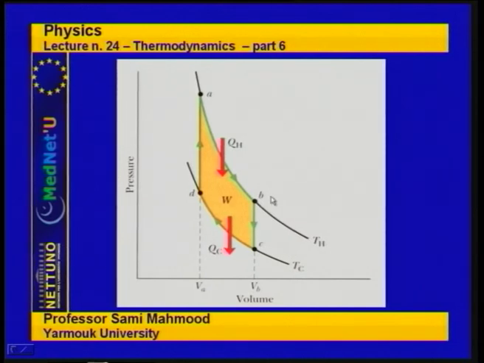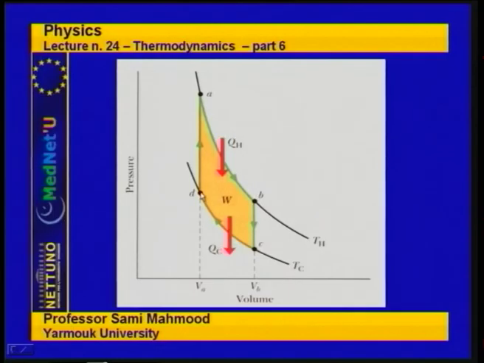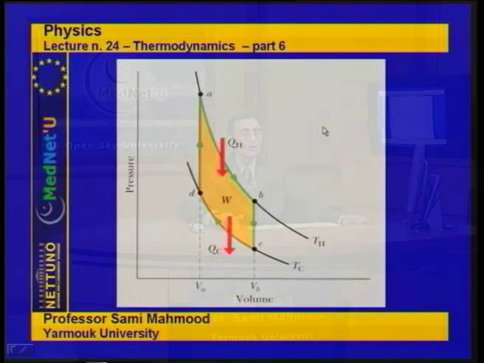The difference is that in the constant volume processes, there is also heat involved, heat absorbed and released to the environment. But the heat absorbed in process BC is equal and opposite in sign to the heat absorbed in DA. So what the system absorbs in BC is the same as it would release in DA. So the total net heat absorbed in the process is still Q sub H and Q sub C. And this is a Stirling engine.